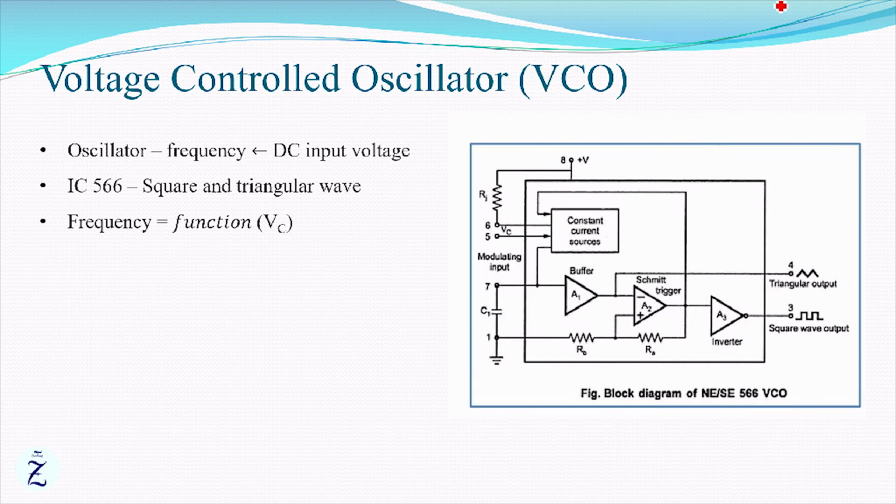The block diagram of the 566 IC unit is here. The frequency of the oscillator is set by an external resistor R1 and capacitor C1, and the control voltage is supplied at pin number 5. This 566 IC unit contains constant current sources to charge and discharge an external capacitor C1 at a rate set by an external resistor R1 and the modulating DC input voltage.